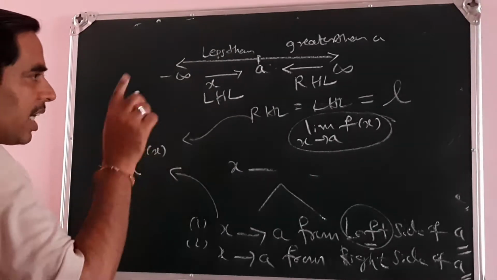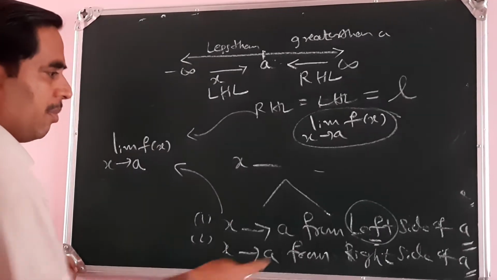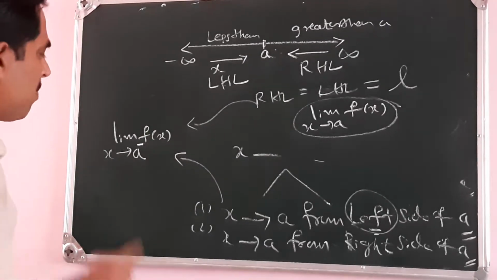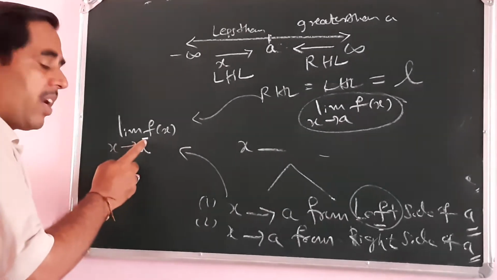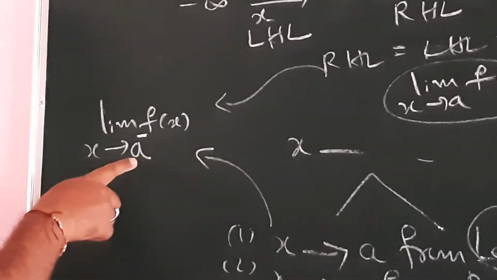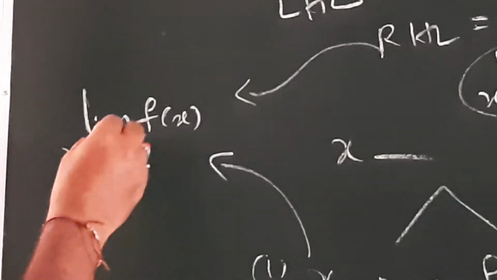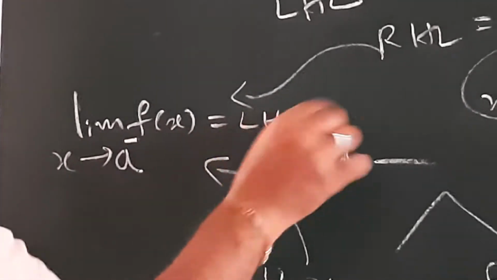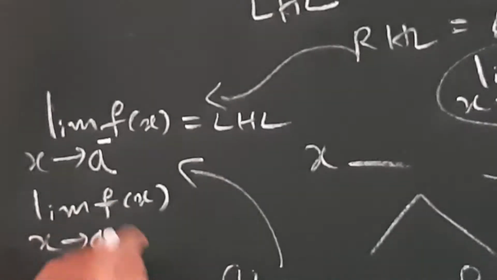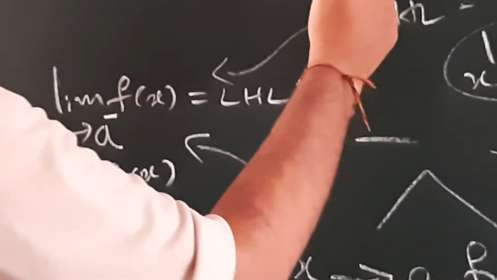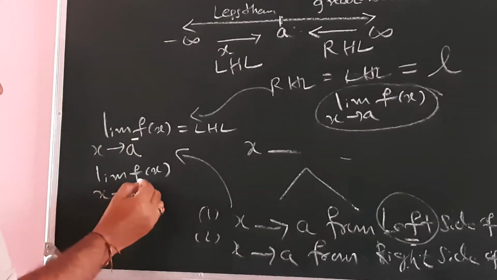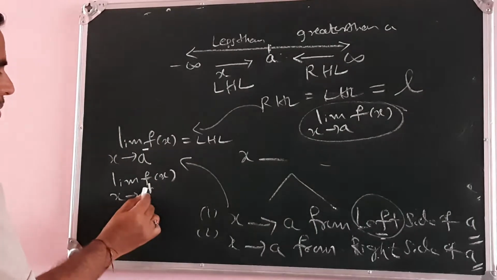To show that it is specifically a left hand limit, we write the sign minus above the letter a, a minus. It indicates that x is approaching a from the left side of a. This is called the left hand limit. Similarly, if I write limit f of x as x tends to a and it takes all the values greater than that point, that is from the right side of a, we will write the positive sign, a plus.